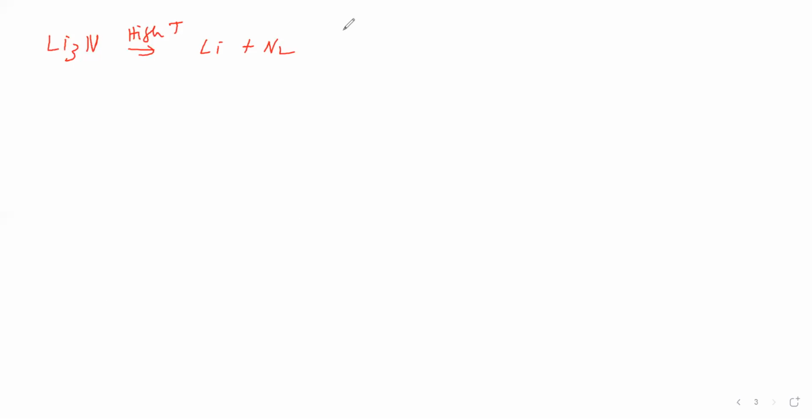Then lithium nitride undergoes hydrolysis. To give what? This N3 minus takes H plus from water and becomes ammonia. Ammonia is a weak base, its conjugate is N3 minus, therefore it is strong, so it undergoes hydrolysis.